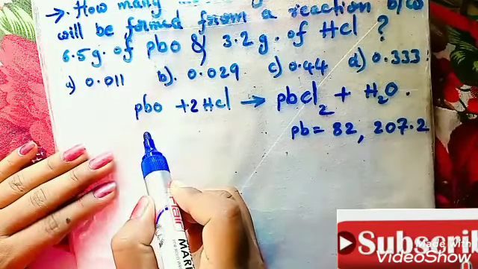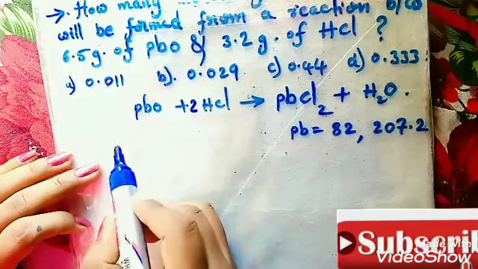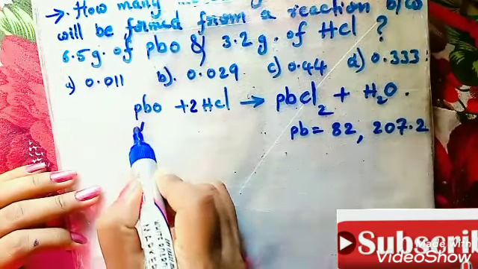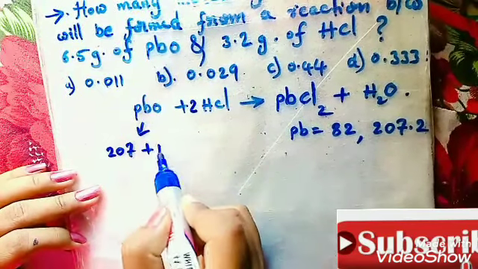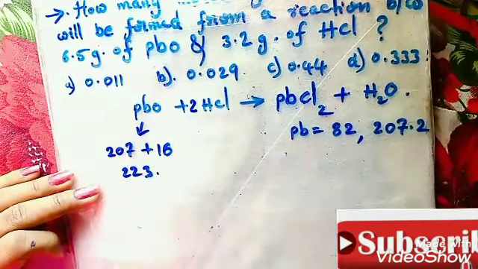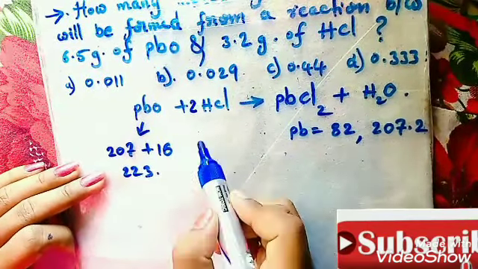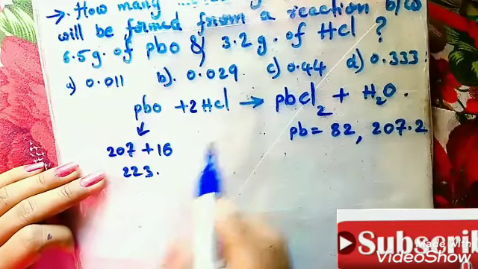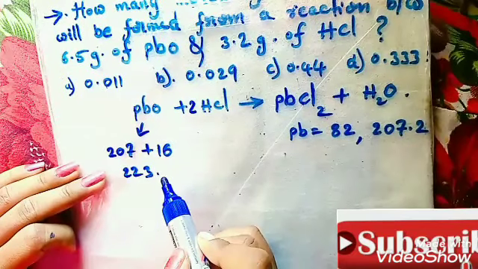For PbO we have to find out the molecular mass. How will it be? PbO means 207 plus 16, 223. So students, 16 is the atomic mass of oxygen. So 223 is the molecular mass.